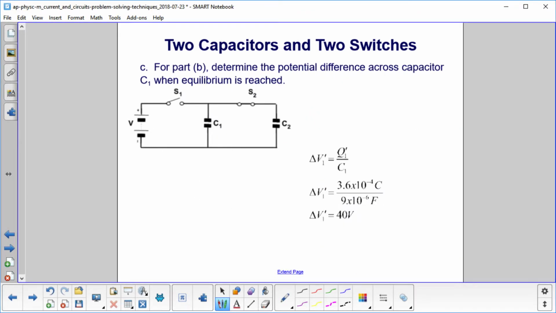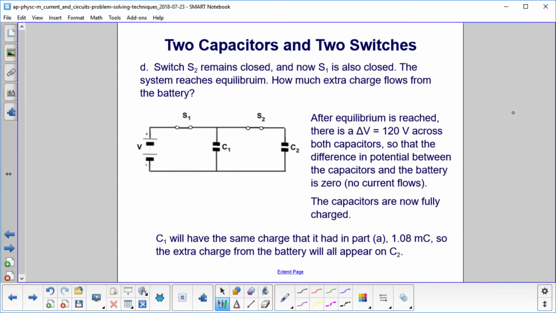Now we would like to find the potential difference across capacitor C1 when equilibrium is reached. We just use our equation for the potential difference. That's just Q1 prime over C1. We found Q1 prime on the last slide. We were given C1, and we come up with a potential difference of 40 volts.